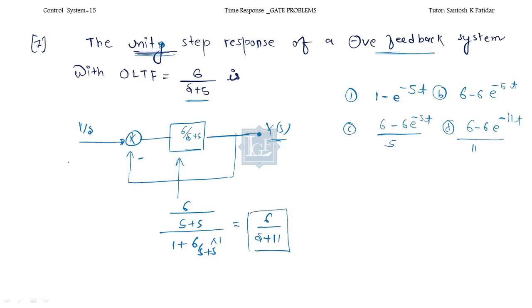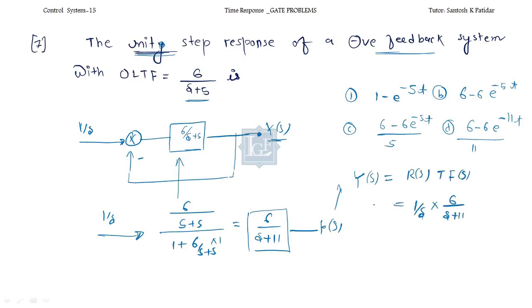To this closed loop you are going to apply your input, and that is 1 by s, and you want to get your output. So definitely in the frequency domain, Y(s) is nothing but R(s) into the transfer function. Correct. So your R(s) is 1 by s, your transfer function is 6 divided by s plus 11.